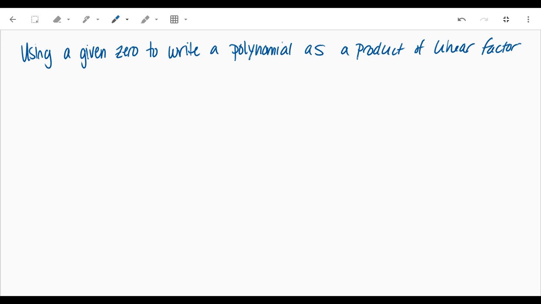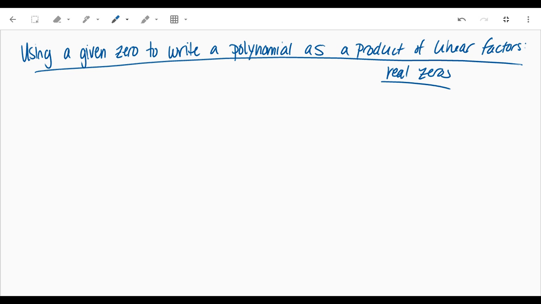And this is again with just real zeros. You have written polynomials as products of linear factors, but only when they're quadratics, and you have done that by factoring.